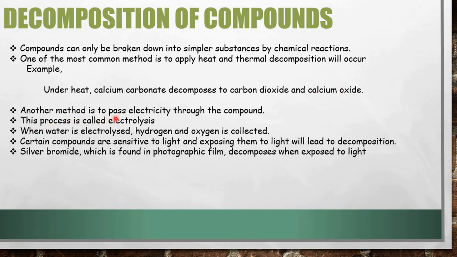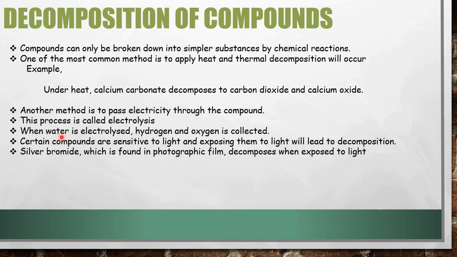Another method, as I mentioned earlier, is to pass electricity through the compound. This process is called electrolysis. When water is electrolyzed, hydrogen and oxygen are collected. The chemical symbol for water is H2O.